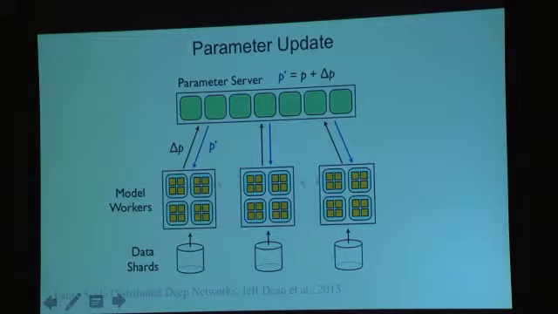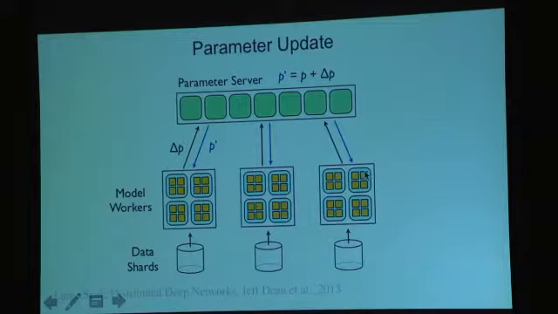After each forward and backward step with a mini batch, each of the workers, think of that as each of the GPUs working on a part of the data set, sends their delta parameters, their change in weights from the gradient back propagation over that entire batch up to the parameter server. The parameter server gets everybody's deltas, adds them to the weights, calculates the new weights, and sends them back to everybody.